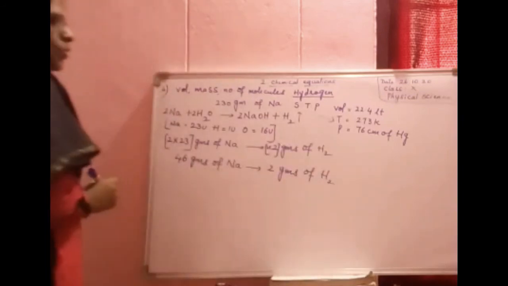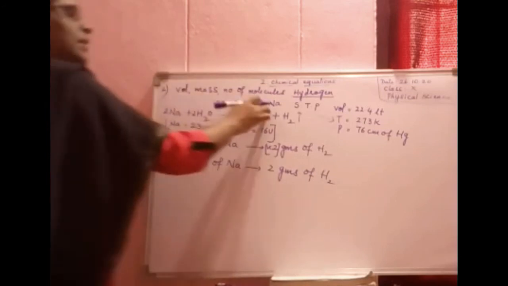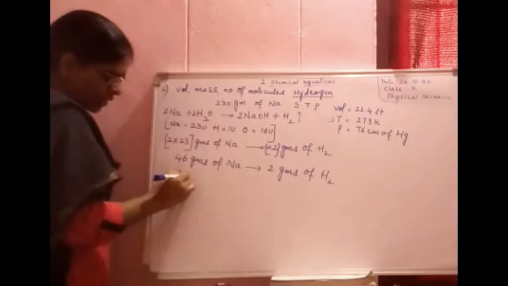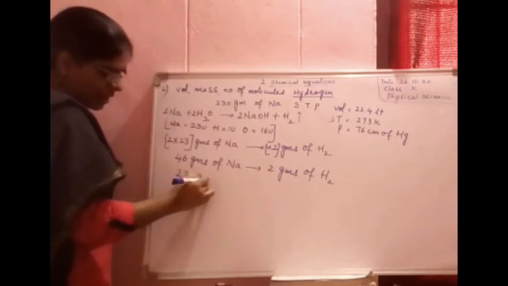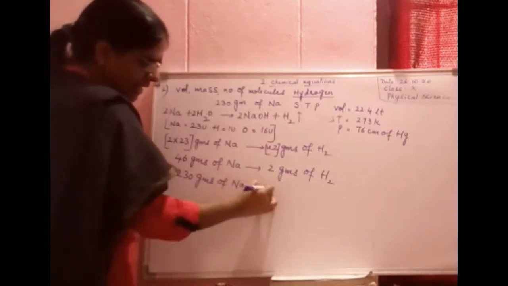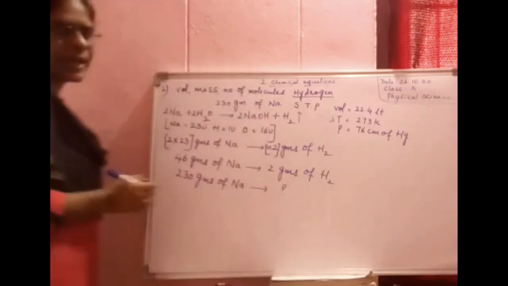Now we need to find when 230 grams of sodium is reacting, how many grams of hydrogen?